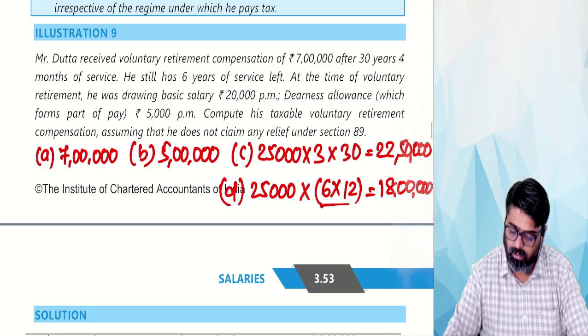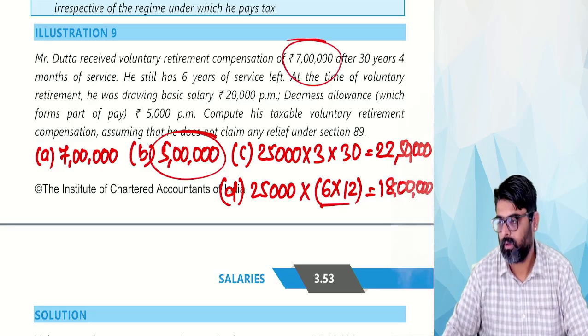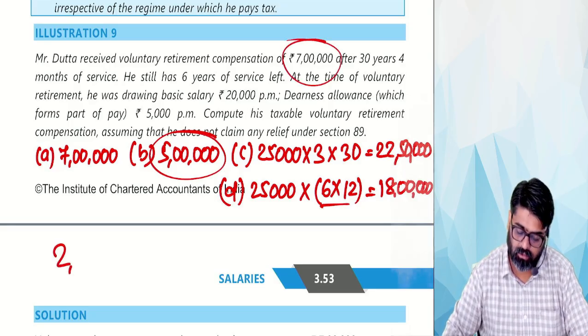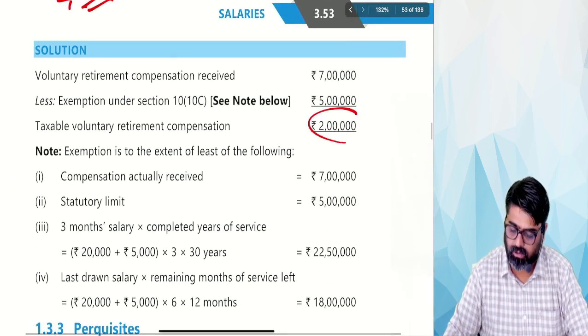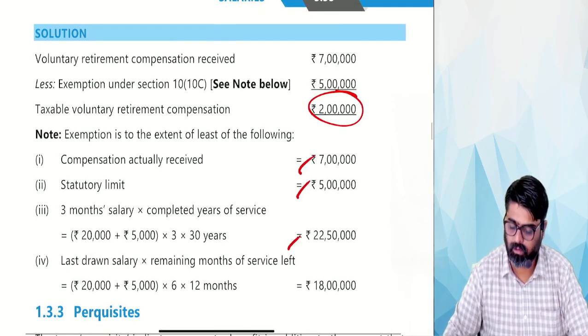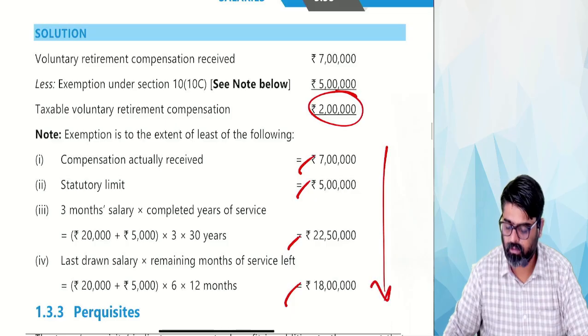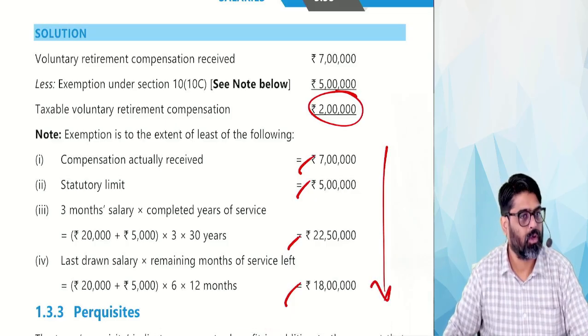Lowest amount is how much? That 5 lakh will be exempt from 7 lakh. The balance 2 lakh will be taxable. Please check. Balance 2 lakh is taxable. How did you calculate A, B, C and D? Whichever is lower. Done, sir? Sure, sir?